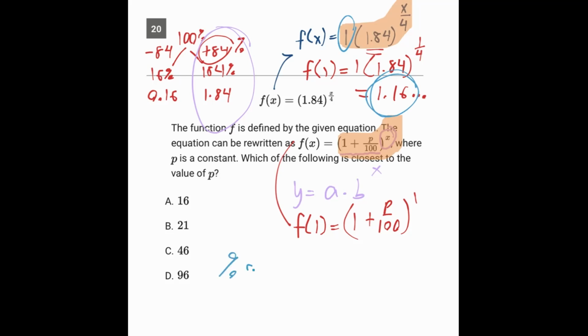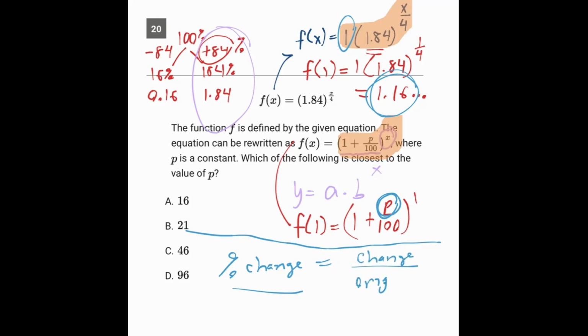And so what is our percent change there? Now, the reason we're looking for percent change is that the final question was asking, what is the value of p? P over 100 is a way to write a percent. So really what they're asking is, by what percent is this thing changing in the new equation? And the formula for percent change is your change over the original amount.